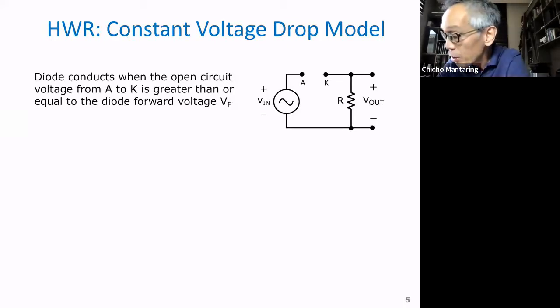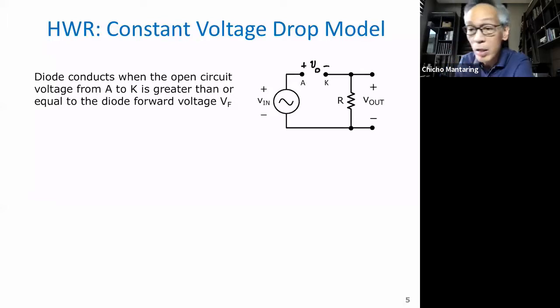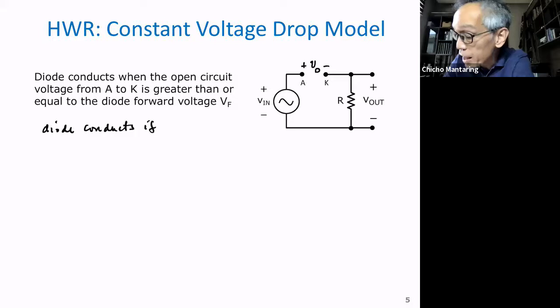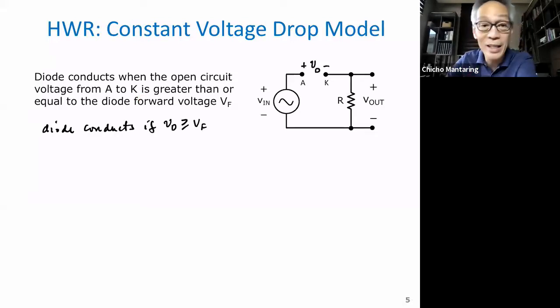So this is, let me call this V of D. So when will the diode conduct? The diode will conduct if V of D, that is the open circuit voltage, is greater than or equal to V of F. Actually, nakasulat na pala rito. I didn't have to write it.